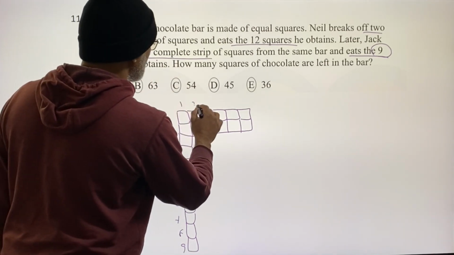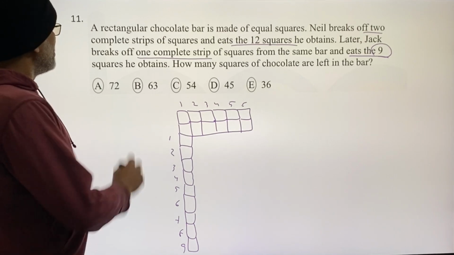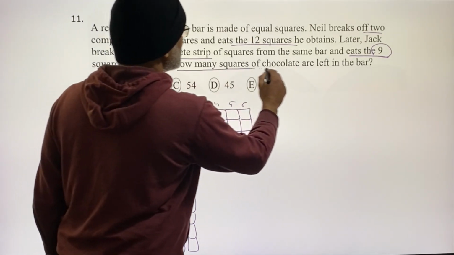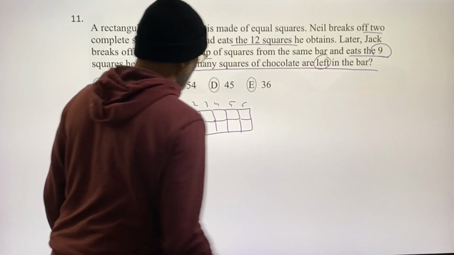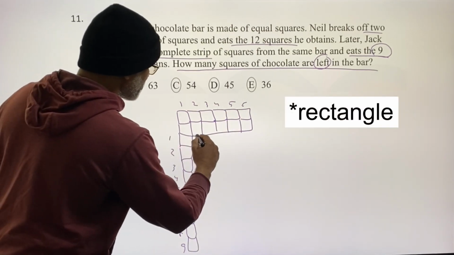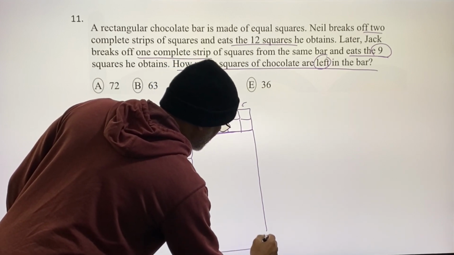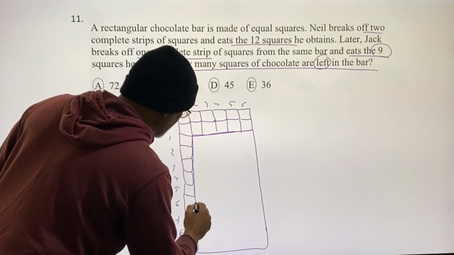This way 1, 2, 3, 4, 5, and 6. All right. So how many squares of chocolate are left? So this is the square. So the square must be like this, right? And this is left.